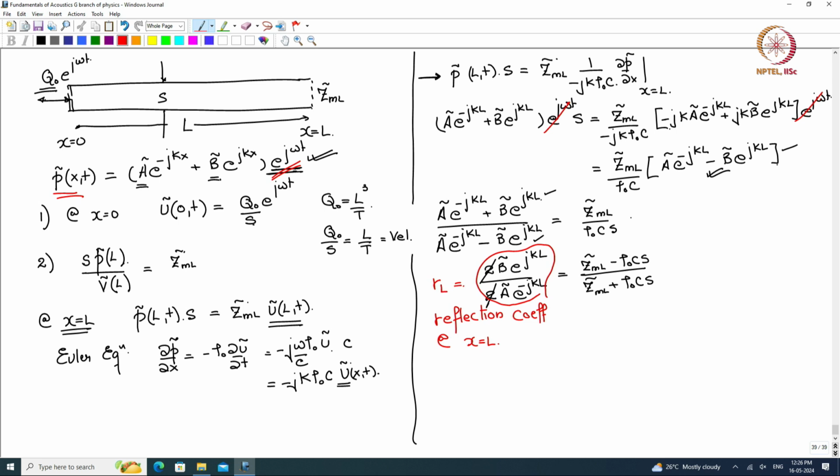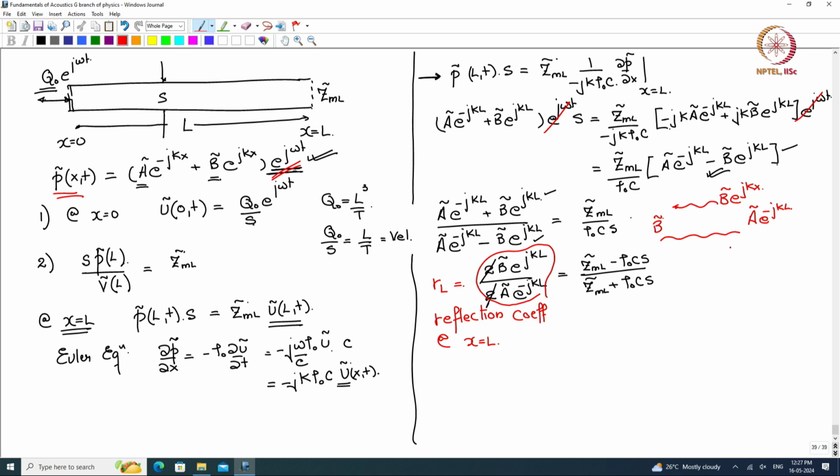Okay, so one should remember what we are saying, that A starts at x equal to 0, becomes A tilde e to the power of minus j k l, and the B wave also comes, reflects, but B is 0 here because B is B tilde e to the power of plus j k x. So it is here reference to x0, it is B tilde only.